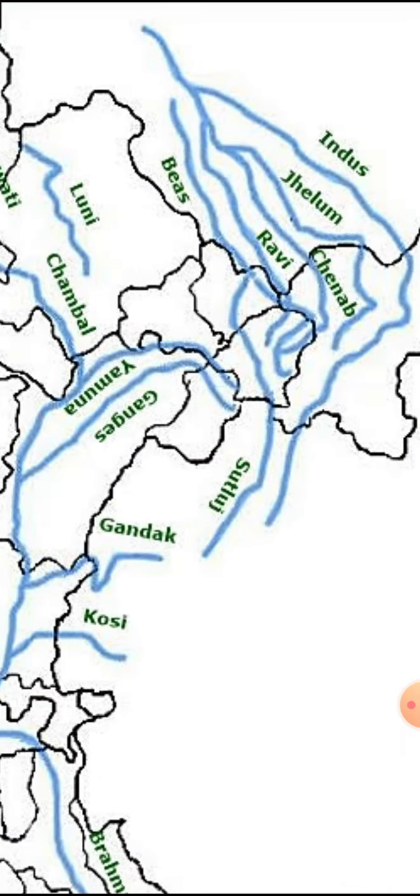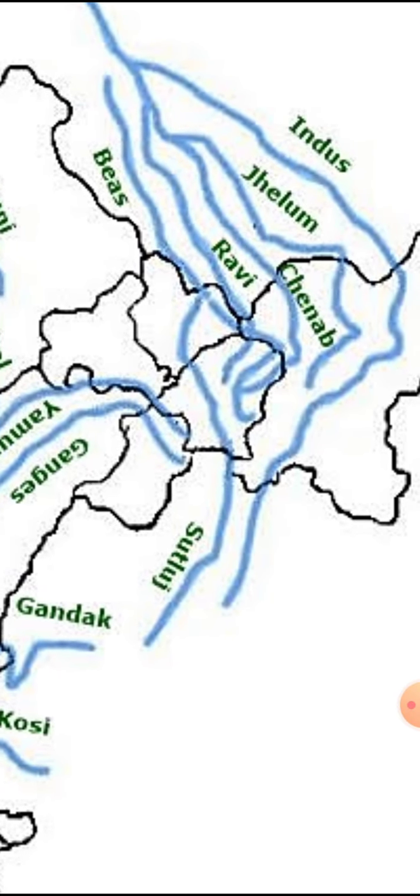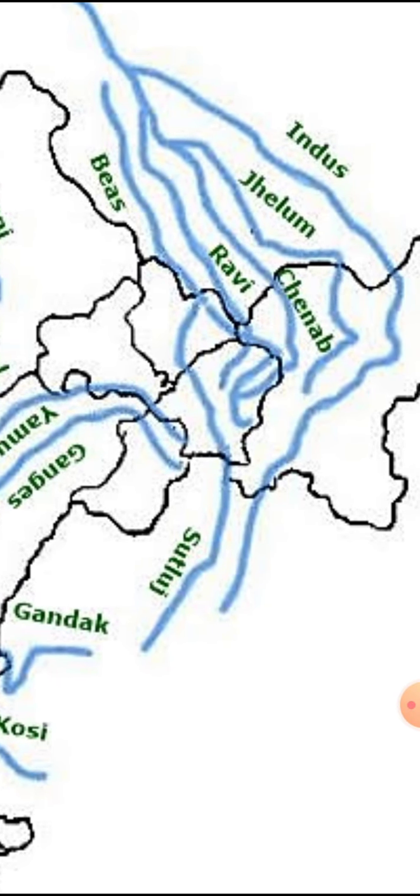Next one, Indus system. The west part of India is mostly covered with the Indus and its tributaries. The length of the Indus River is 3180 kilometers. The Indus originates in the northern slopes of the Kailasa range in Tibet near Lake Manasa Sarovar. It follows a northwesterly course through Tibet.